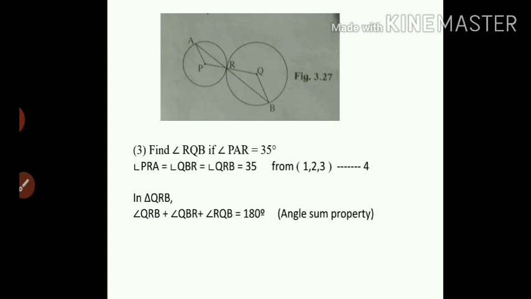I will substitute the values: 35 degrees for angle R, angle B is also 35, and angle Q we have to find. 35 plus 35 is 70. So angle RQB will be 180 minus 70, which is equal to 110 degrees.